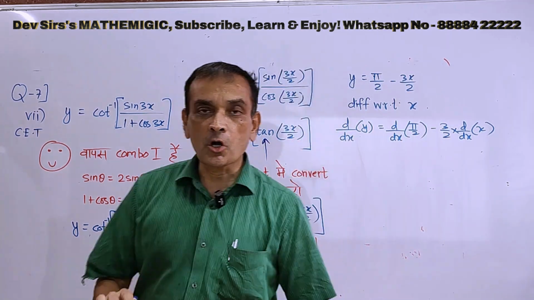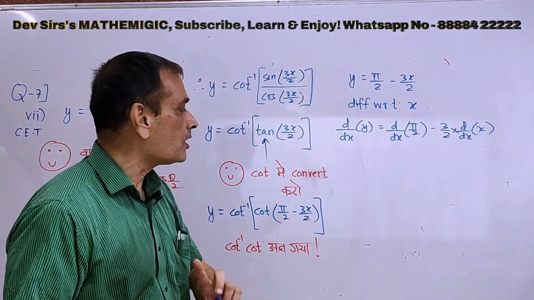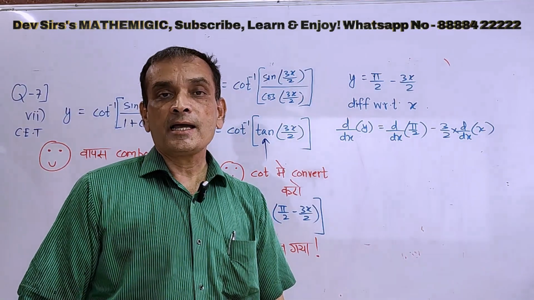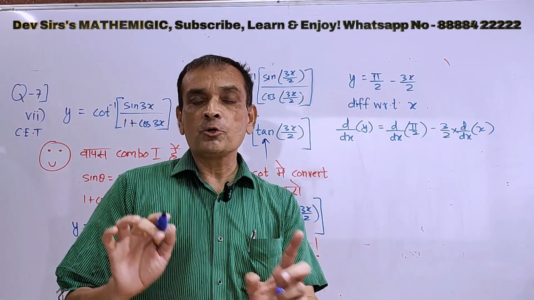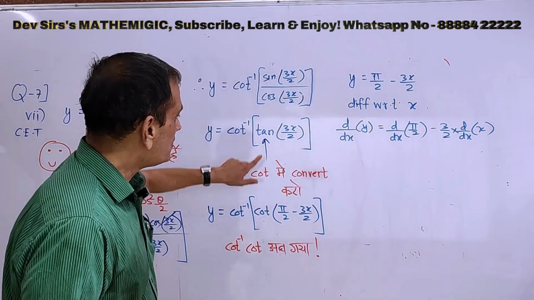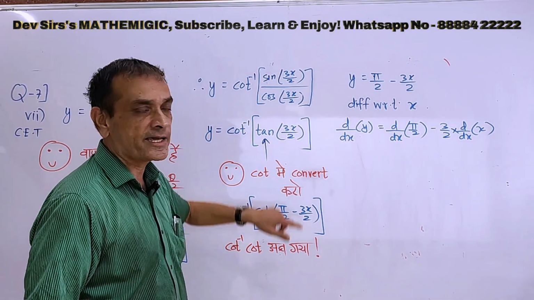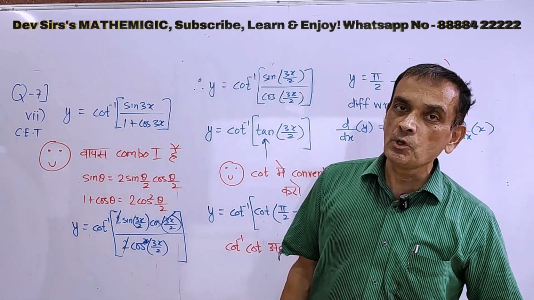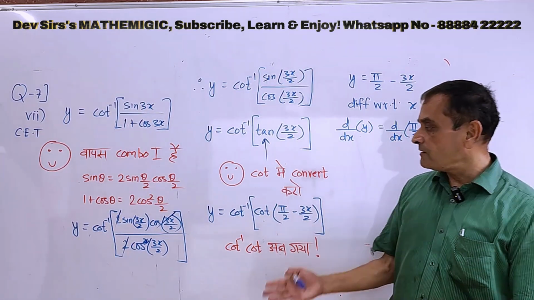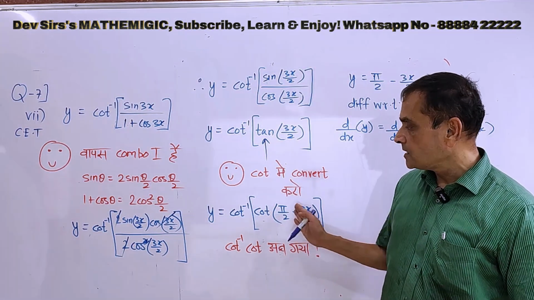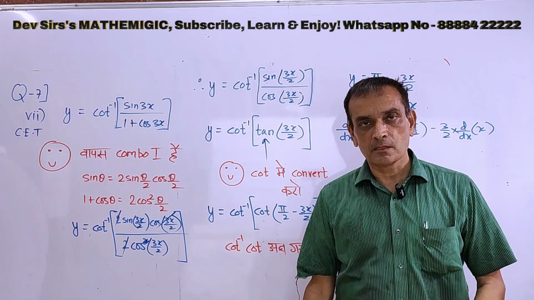If you want to convert cot into tan or tan into cot, theta, that angle should be replaced by pi by 2 minus that angle. So when I convert tan into cot, I am going to write pi by 2 minus 3x by 2. 10 standard basic rule hai. Or even in the 11th standard, if you use the allied angles, you are going to get the same answer. Right?